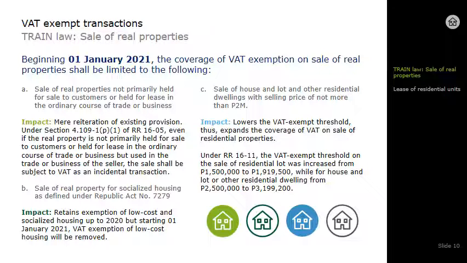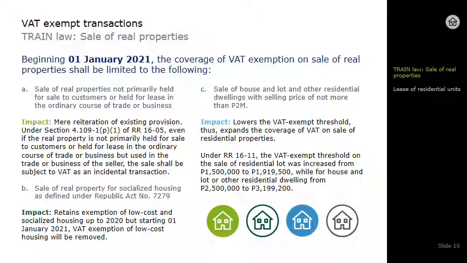Pero starting January 1, 2021, VAT exemption of low cost housing will be removed. Tapos sale of house and lot and other residential dwelling will now be exempt only at threshold ng 2 million pesos. But this will be beginning January 1, 2021. Okay?